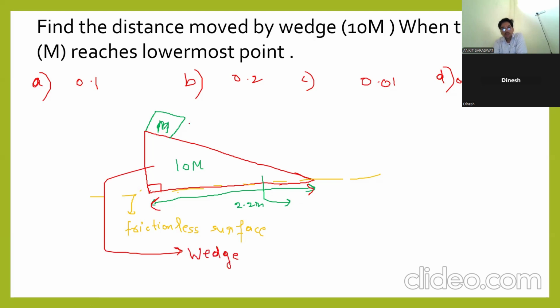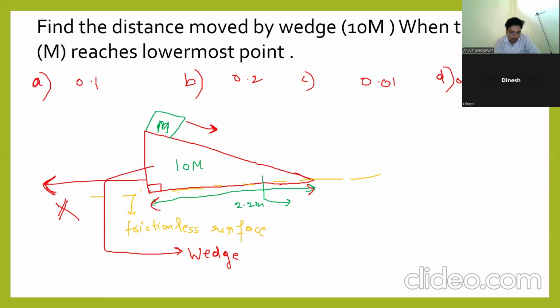If this is moving like this, please tell me, if this block is going down, then it is confirmed there is a shift. The wedge should move back. Let us suppose x. If anything is going down on the wedge, then there is some displacement in the wedge itself. Clear?